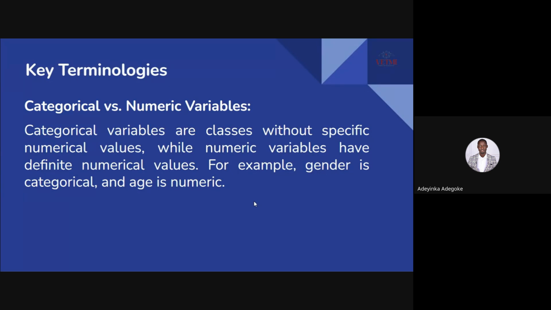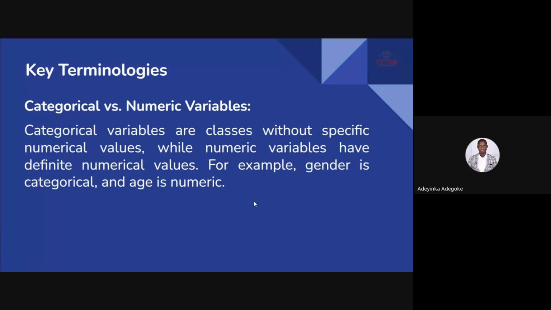Age is a numeric variable, but you can convert age to age group. Weight is a numeric variable. We have 3.45, 3.6, 35.4. Temperature is a numeric variable, but we can always convert them to a categorical variable in the form of range of values. So weight in categorical form will now be underweight, moderate weight, overweight, then obese.